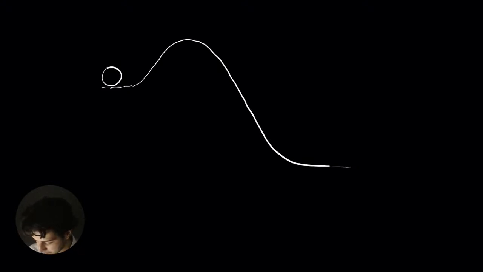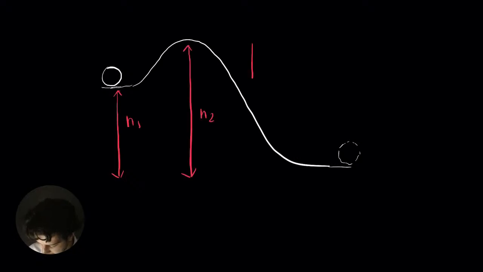So the change in gravitational potential energy over here, if this ball is over here on the left hand side, and then it falls down over here, what is the change in gravitational energy? How much potential energy did it lose? So the height I'll use, would it be this, h1? Would it be this, h2? Or would it be this, h3?